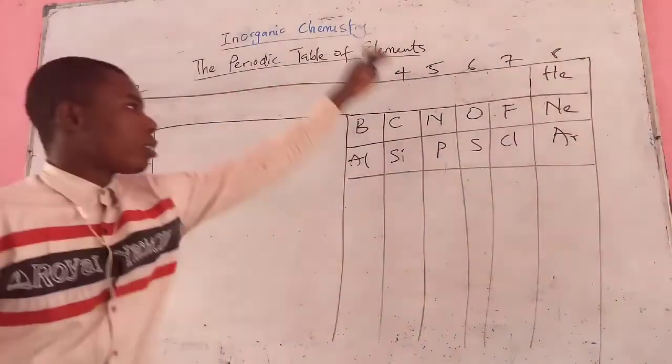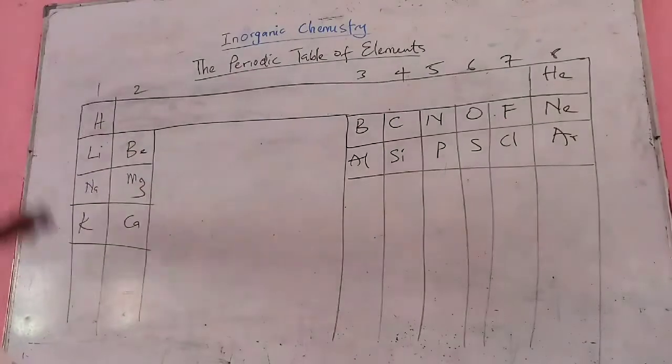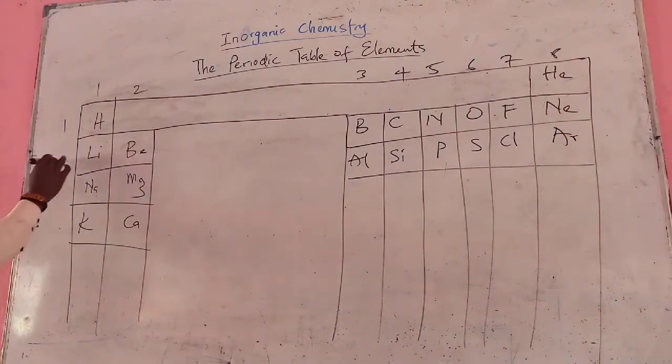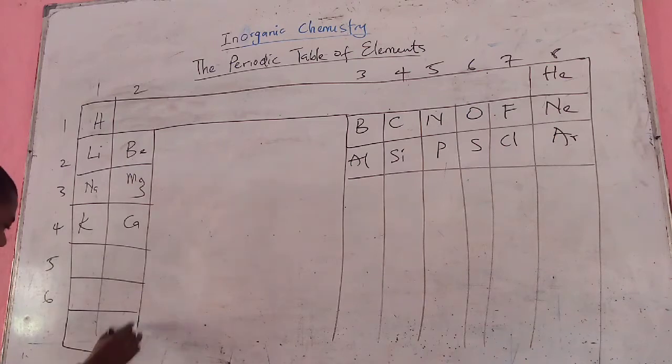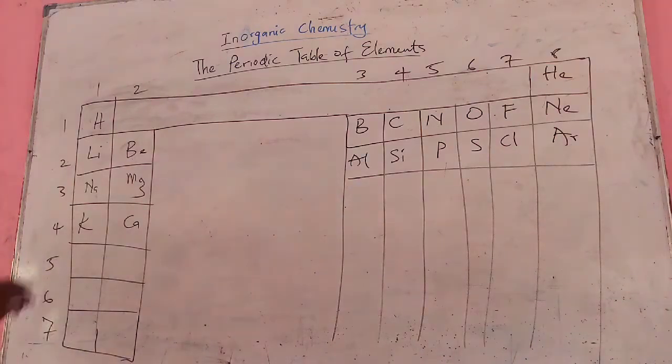Those are the columns. We have 8 columns. And we have 7 rows. There is actually another row there, and another row here.